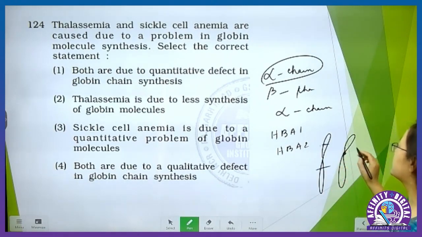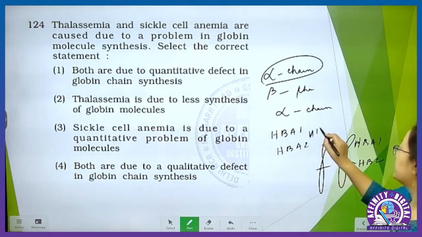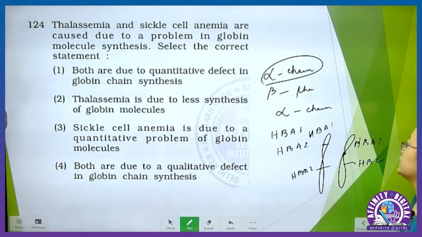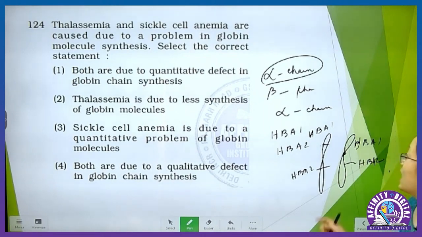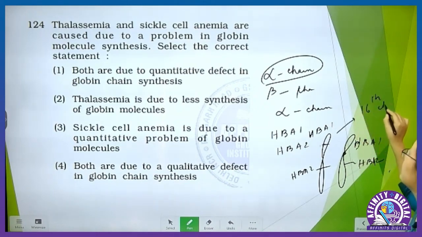In the NCERT, it is given as HbA1 and HbA2 genes. These two genes are responsible for synthesis of the alpha chain of hemoglobin. Both the genes are closely linked. They are located on chromosome number 16.